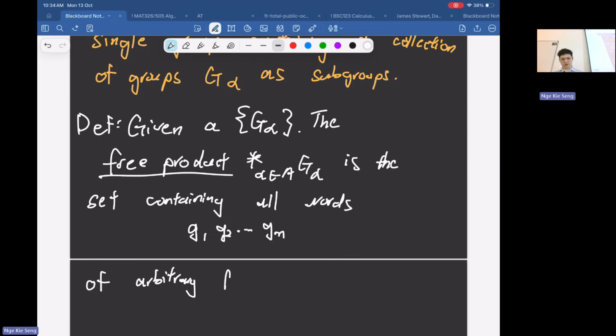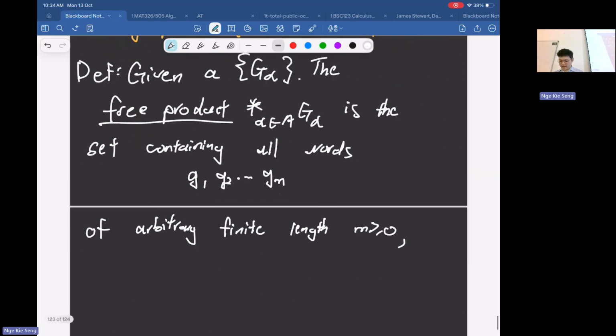We don't have dot dot dot until infinity here, not a series, not a sequence. So it's a finite length, such that each Gi comes from a fixed G alpha i, and Gi is not equal to e.